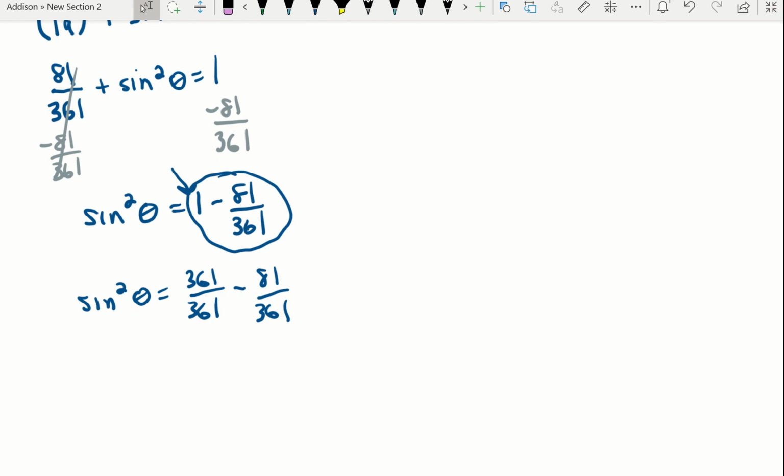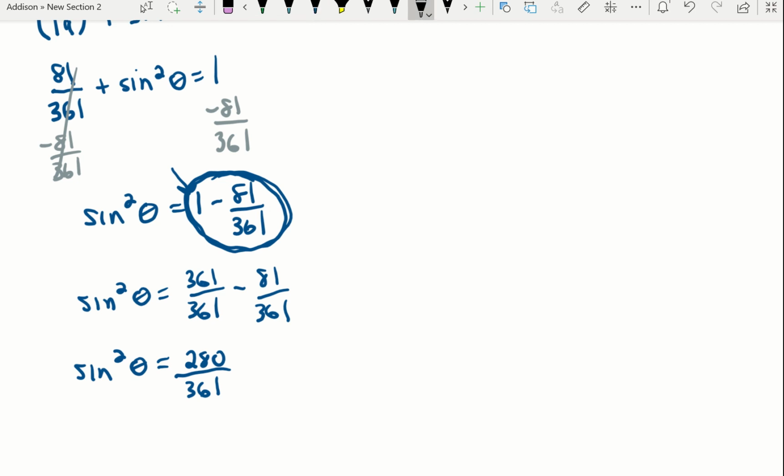That's what you can do with all these problems if you want to do this by hand, or you could use your Inspire calculator, and that would do this subtraction a lot quicker. But anyways, we are going to be left with sine squared of theta equals 361 minus 81, which I think is 280, over 361.